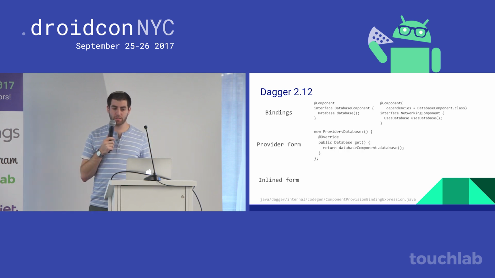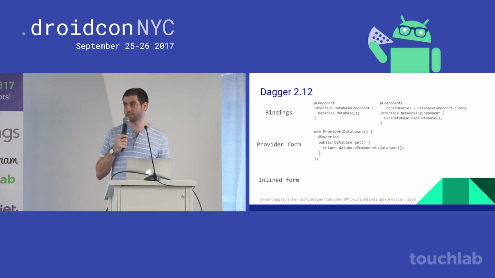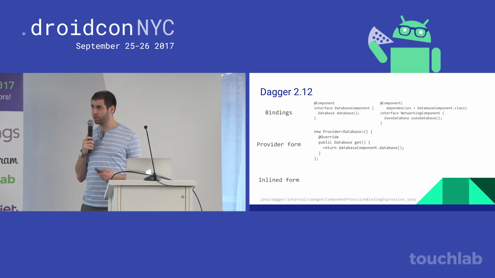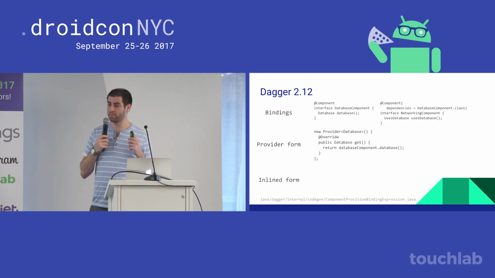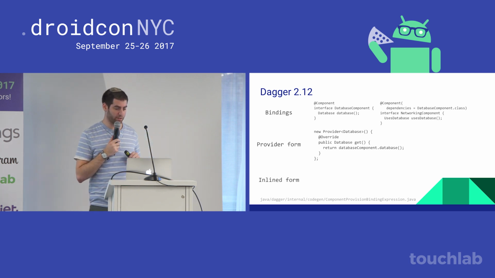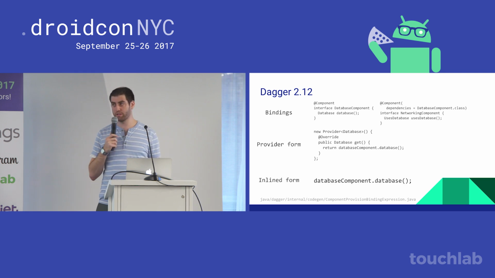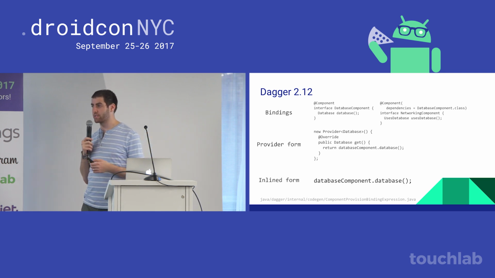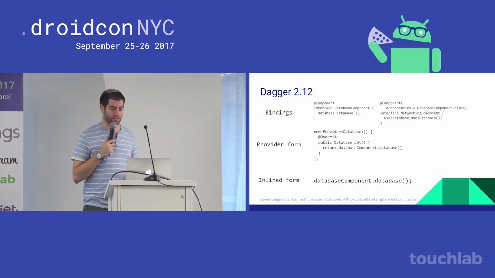So if we need the database in a provider form, we're going to force that database binding to have a provider form as well. And that's just straight up an inner class and calls the component method. Feels a little bit silly if you're getting the pattern, you're understanding what's going on. But the inline form just calls that method directly, and that's what we want to be getting to in all of these cases.